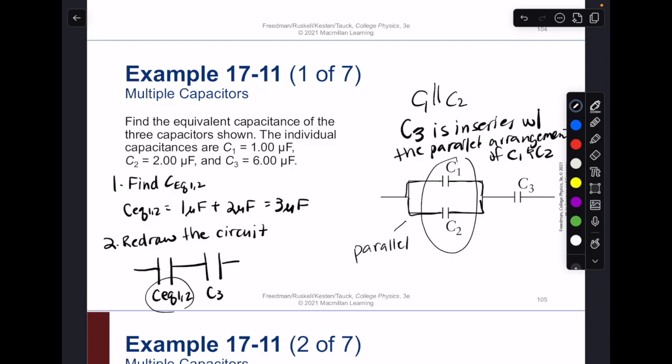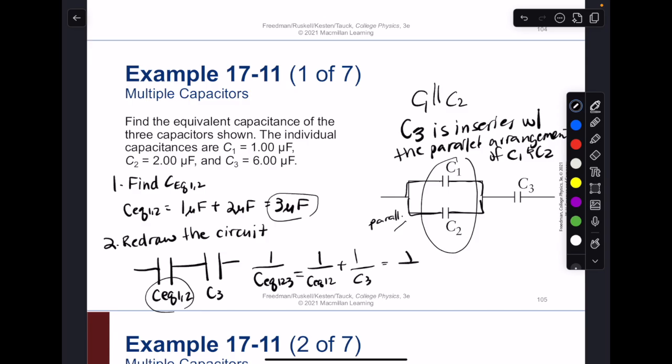Okay? So to find the equivalent capacitance of 1, 2, 3, well, we're going to use the inverses because we're in series. So 1 over C123 is going to be equal to 1 over C equivalent 12 plus 1 over C3. So C12, well, we saw that was 3.